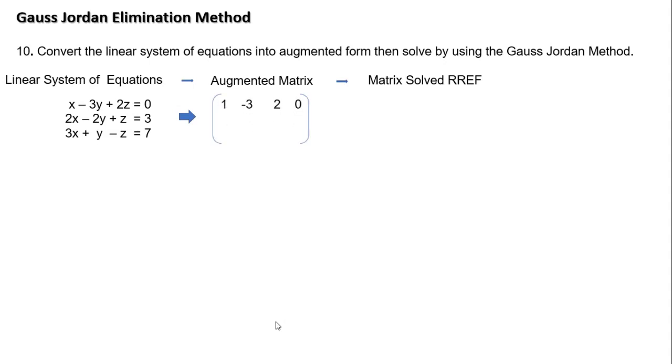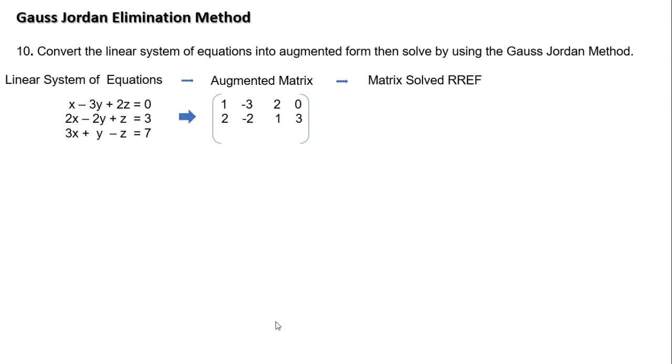It's just by putting in the coefficients here. The coefficient for the x is a 1, so I have a 1 in that first place value. The coefficient for the y is a -3, so that's why I have a -3, 2, and then my solution is 0.